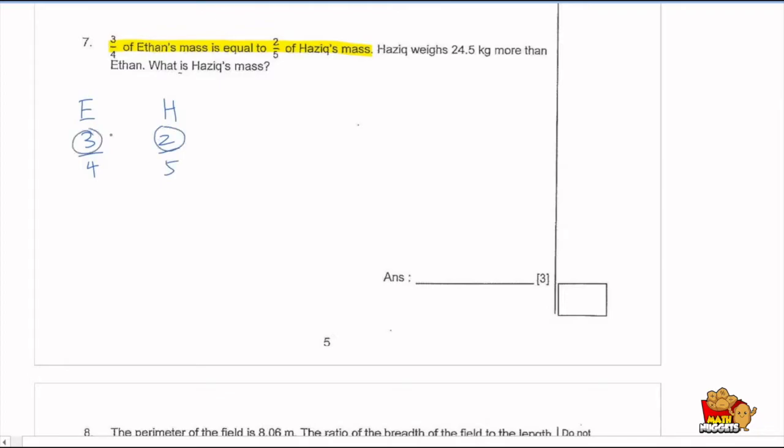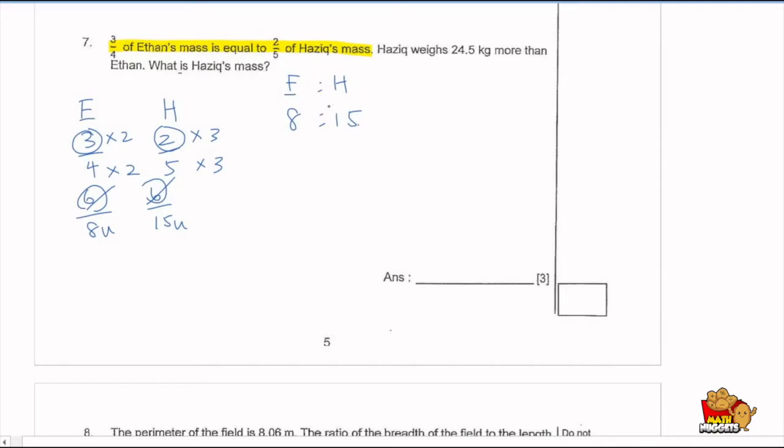Now in this case I'll make the numerator the same. Multiply, this is 6 out of 8, this is 6 out of 15. Now once I make the numerator the same, I ignore it, my denominator becomes my units. So Ethan is to Haziq, my ratio is 8 is to 15.